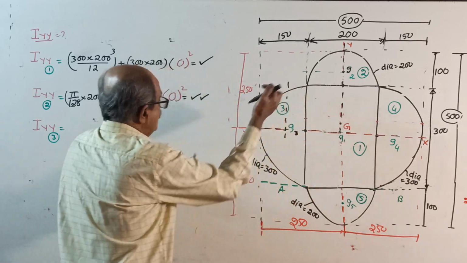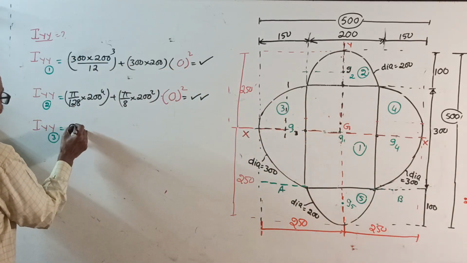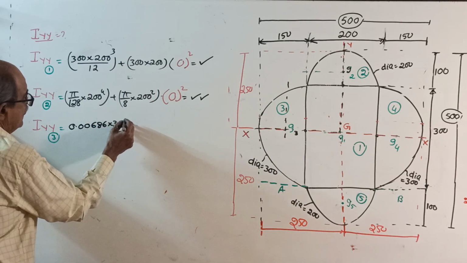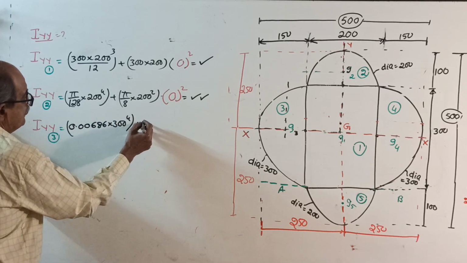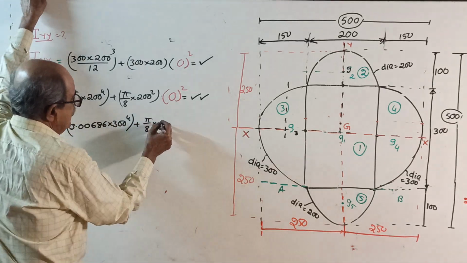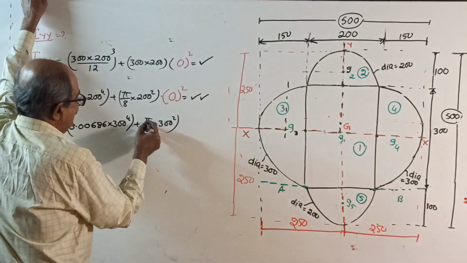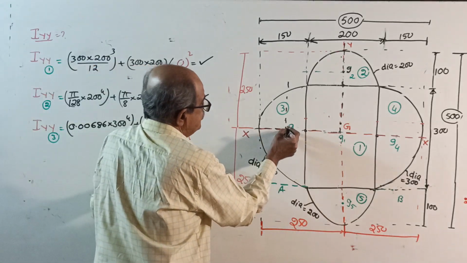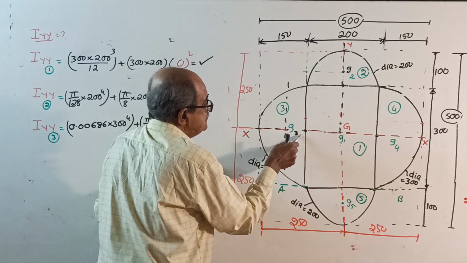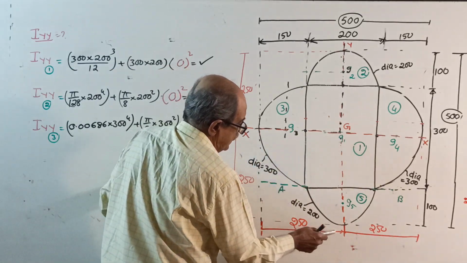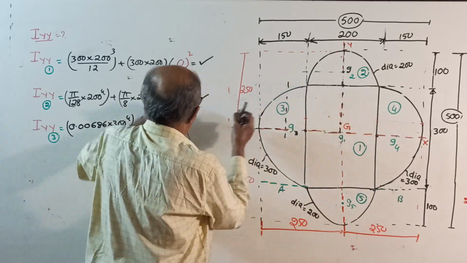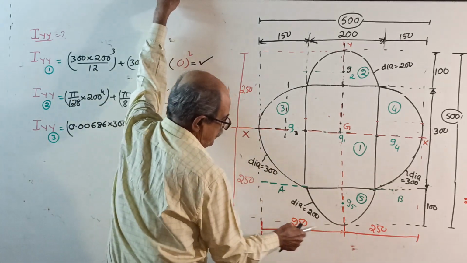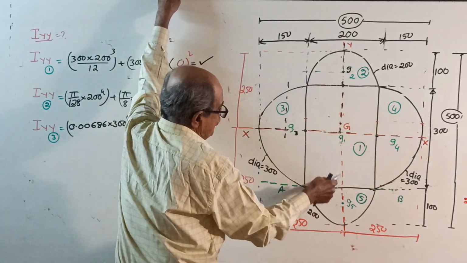See, that is 0.00686 into 300 power 4 plus pi by 8 into 300 square is the area into, see, from centroid G3 to YY, this distance square is 250 minus 150, or directly you can make, or see, 250 minus 150 is exactly this distance.